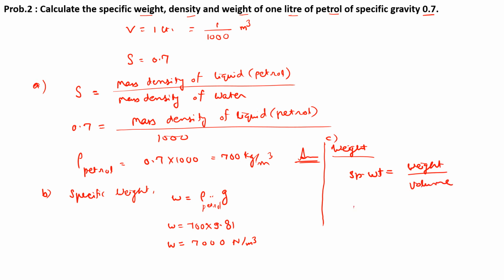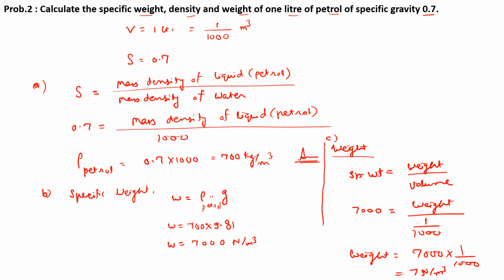That means specific weight is 7000, we have to measure the weight, and volume is 1 upon 1000. So weight will be 7000 into 1 upon 1000, that means 7 Newton. That means the weight will be 7 Newton.